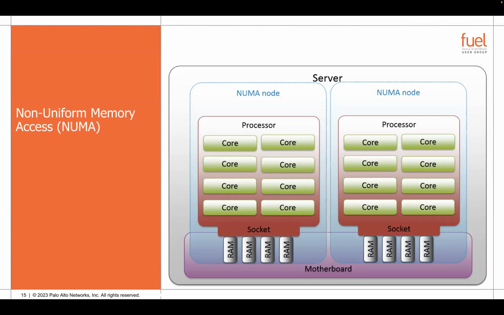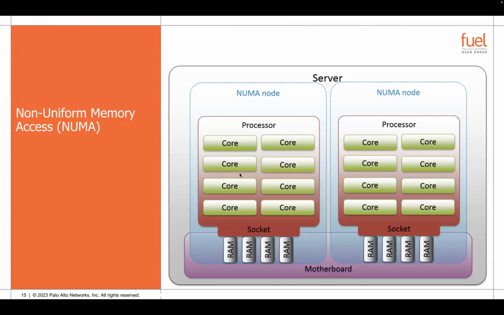Non-uniform memory access means that these 8 cores have access to this memory, and they don't have access to this memory. So while I might assign 16 core vCPUs to a virtual firewall, I'm not going to get the same performance out of 2 8-core sockets that I will out of a single 16-core socket, because I'm not using non-uniform memory access at that point, right?